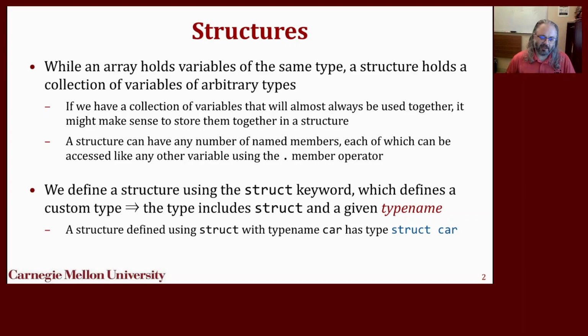Just like an enum, where we had the enum keyword plus the name of our enumeration, the type of a struct is going to include the struct keyword and the type name. As an example, we're going to create a data structure to represent a car. We're going to create that with the struct keyword and the type name car, and its type is going to be struct car, both words.